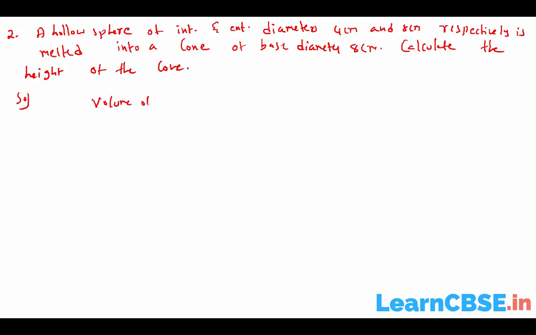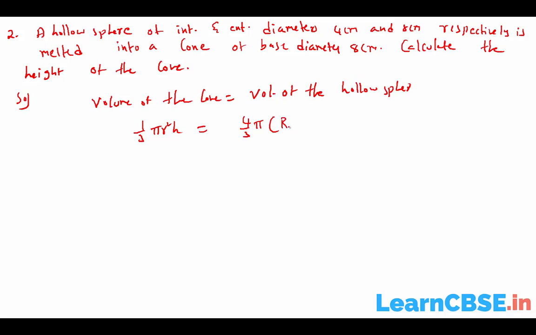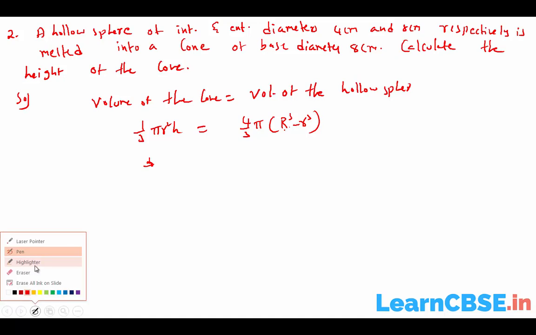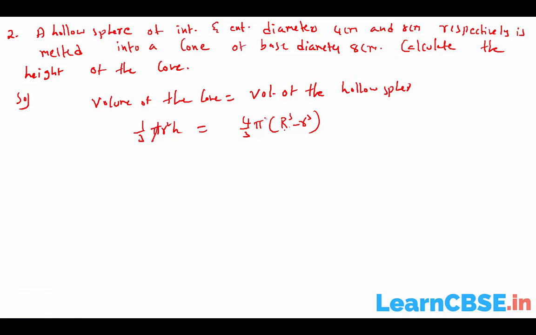Volume of the cone must be equal to the volume of the hollow sphere. Volume of the cone means 1/3 pi r square h equals volume of the hollow sphere means 4/3 pi, R cube minus r cube, external radius minus internal radius, so 1/3. Now cancel pi and pi, 3 and 3.